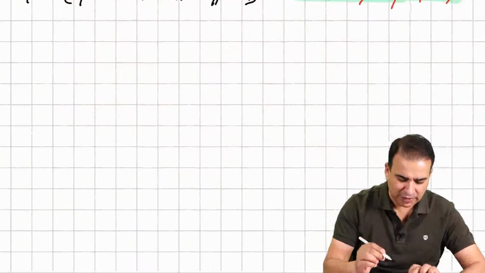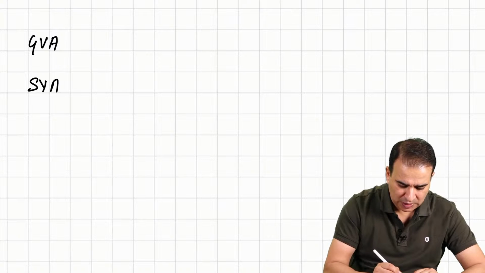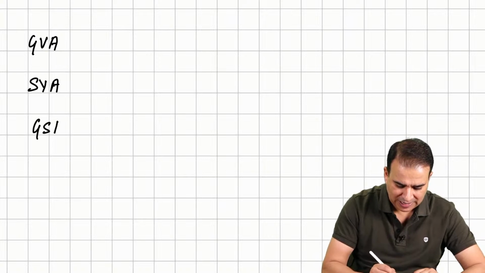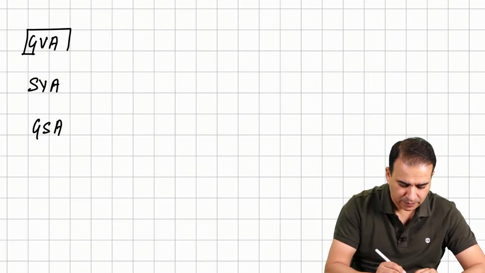So this time we are talking about the afferent columns. The first is GVA, then SVA, then GSA, and there is a fourth one also. We'll come to that. Let's follow the same drill.